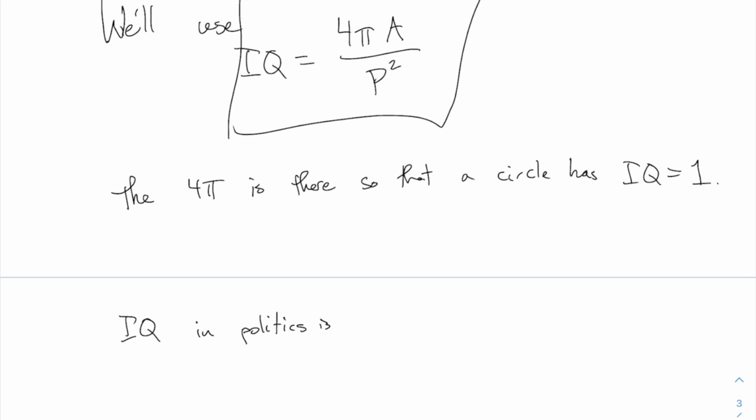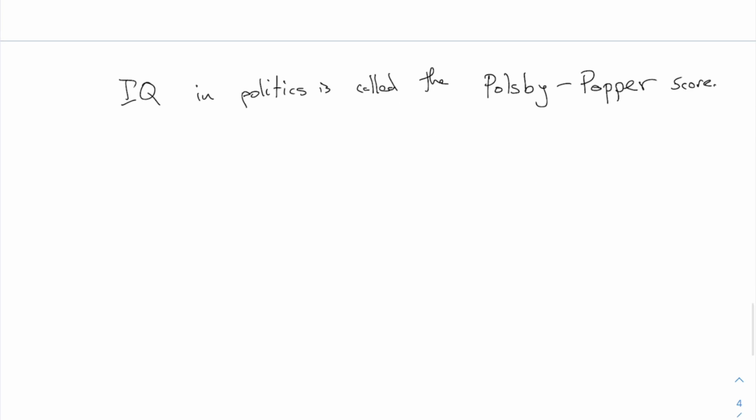It has somebody's name. It has kind of a cute name, I guess, the Polsby-Popper score. This is what they call it if you read articles about measuring gerrymandering. In that context, they call it the Polsby-Popper score.